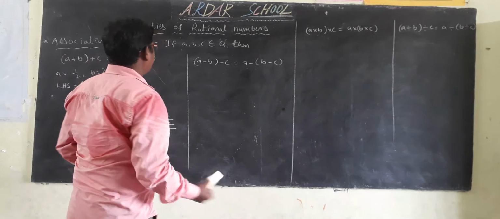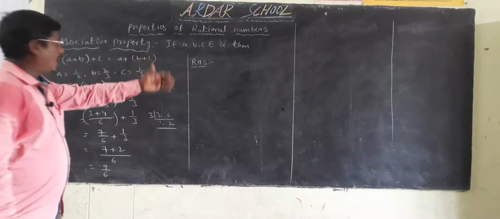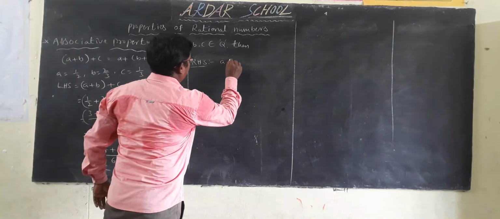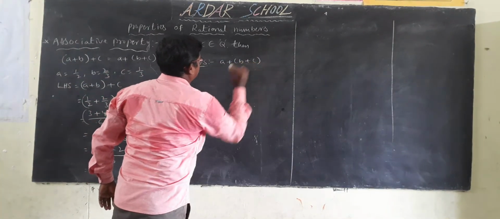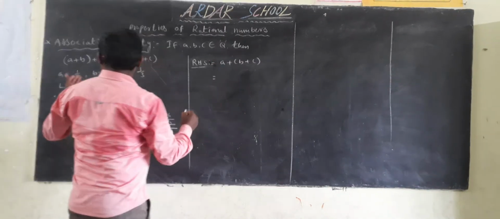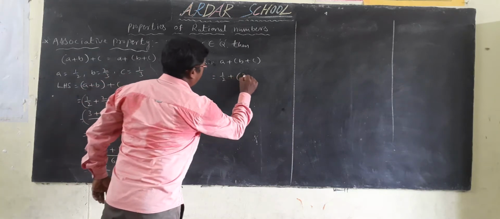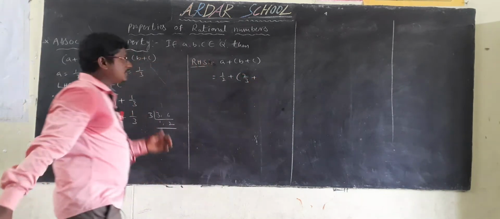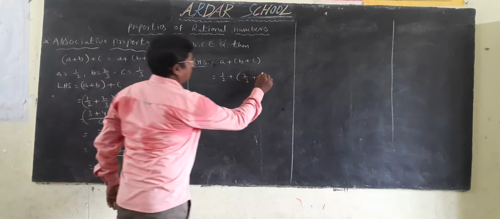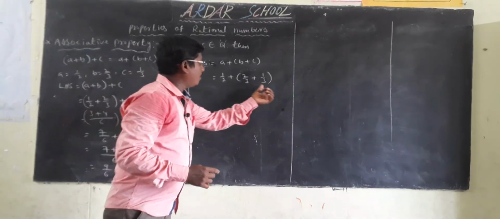Next, RHS. This RHS is a + (b + c). Here a is 1 by 2 plus b 2 by 3 plus c 1 by 3. First we add the second number and third number.